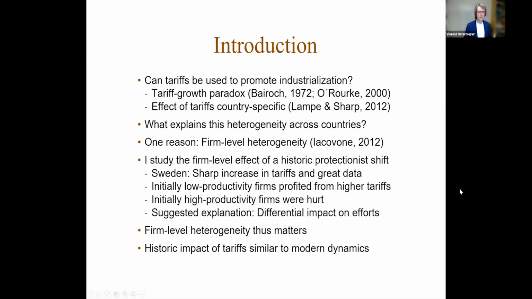Then subsequent studies looked into this, and this positive correlation does not appear across all countries. Surprisingly, some countries during the late 19th century actually experienced a negative correlation or no correlation at all. And I was wondering why this is the case, or what could be an explanation.